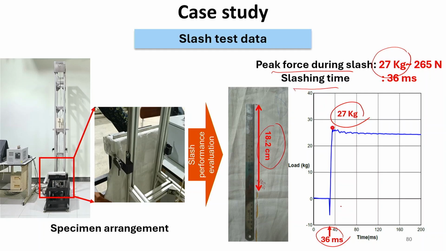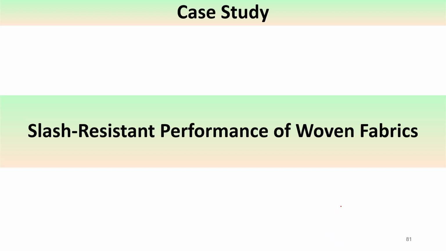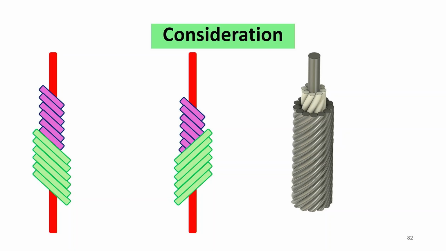Now, we will discuss a specific case study, the slash resistant performance of woven fabrics. Here we have developed different types of yarn structure.